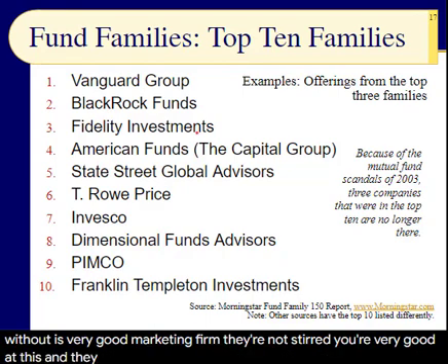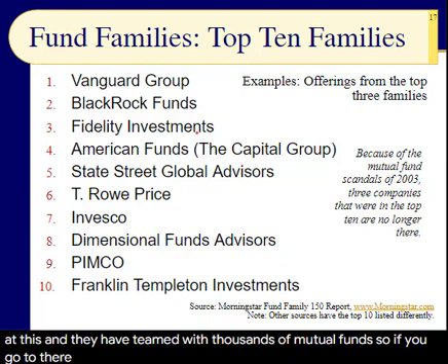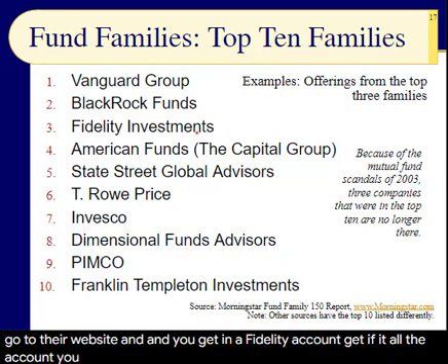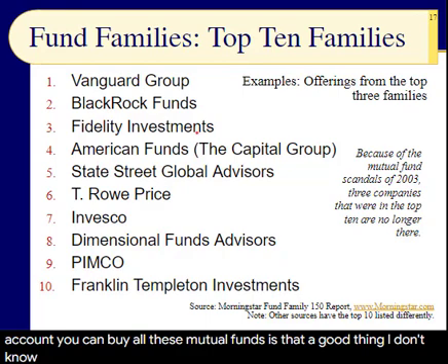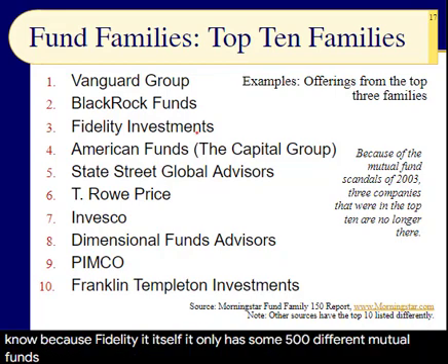And they have teamed with thousands of mutual funds. So if you go to their website and you get a Fidelity account, you can buy all of these mutual funds. Is that a good thing? I don't know. Because Fidelity has some 500 different mutual funds alone, Fidelity.